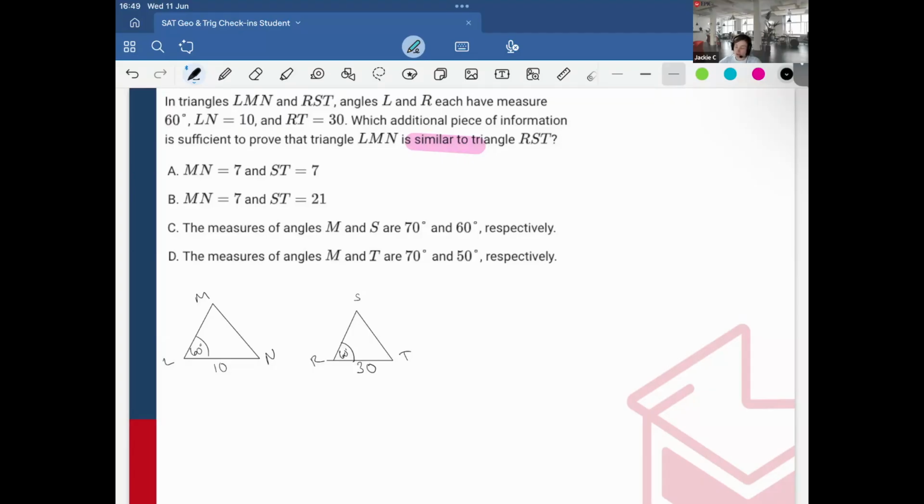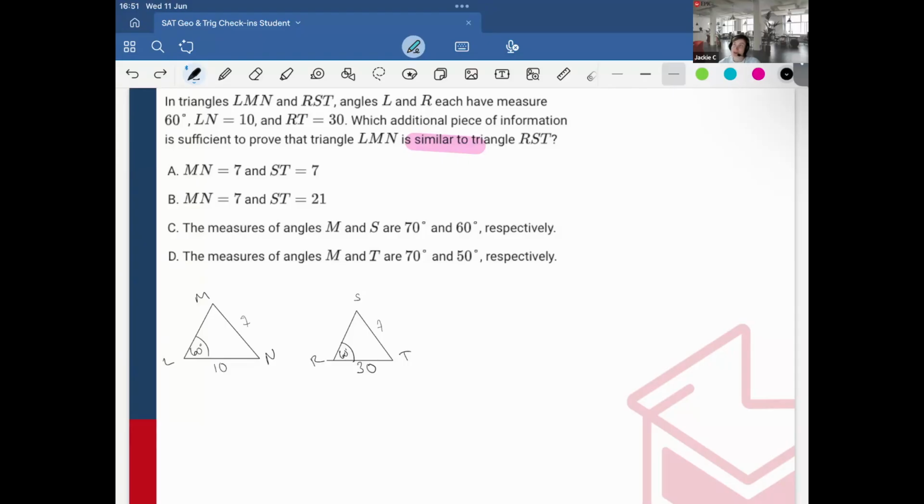Option A, MN is equal to 7 and ST is equal to 7 as well. Okay, so this is not sufficient to prove that triangle LMN is similar to triangle RST. Why, you may ask? All this is giving me is two sides that are equal in length, but these two triangles, LMN and RST, aren't necessarily the same size.